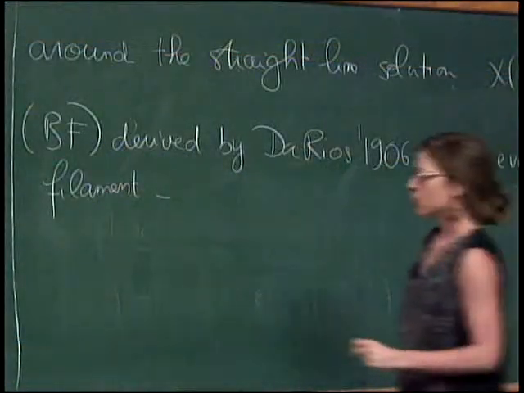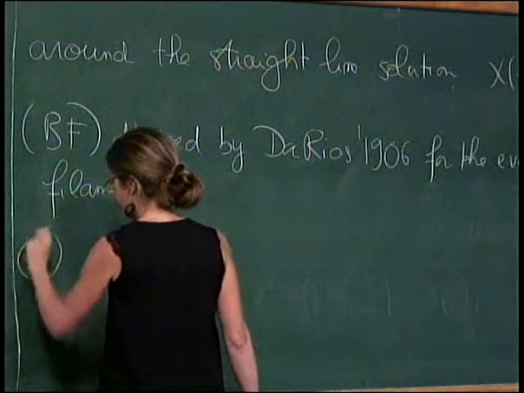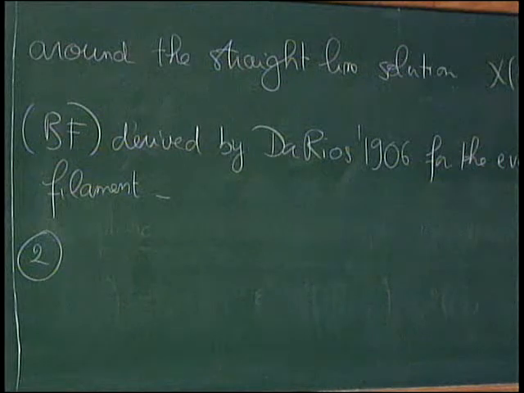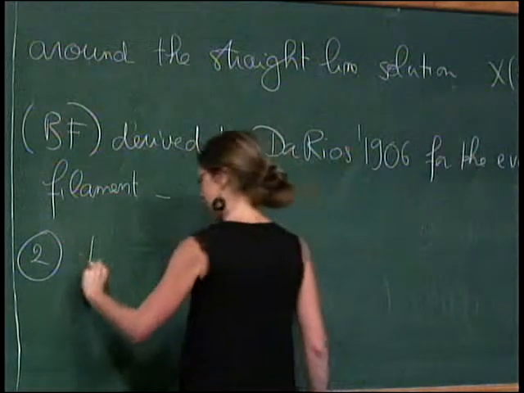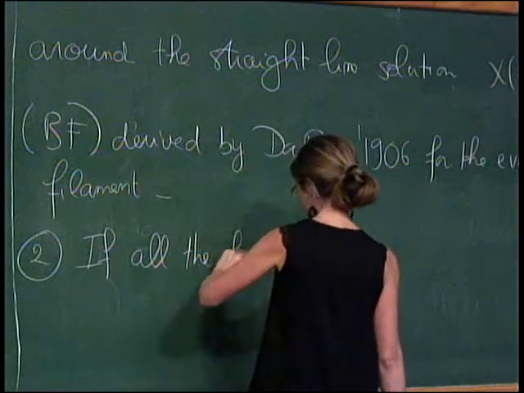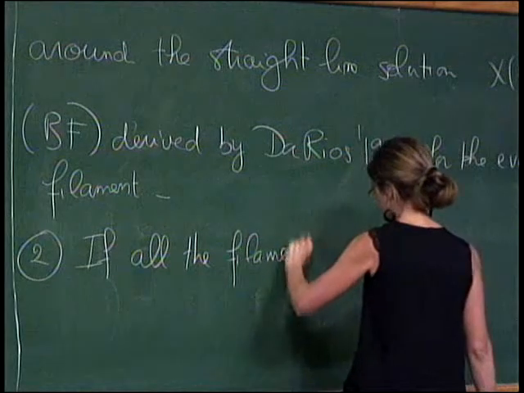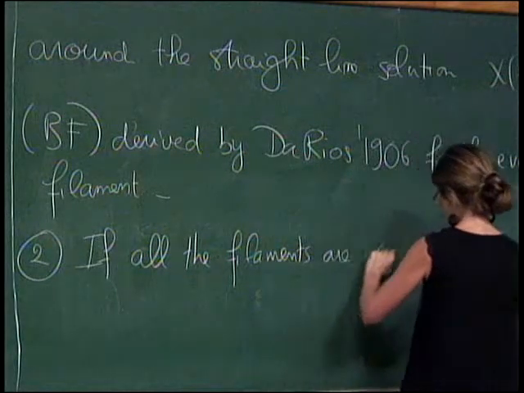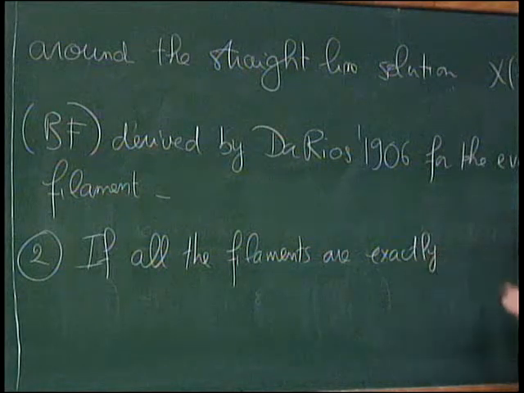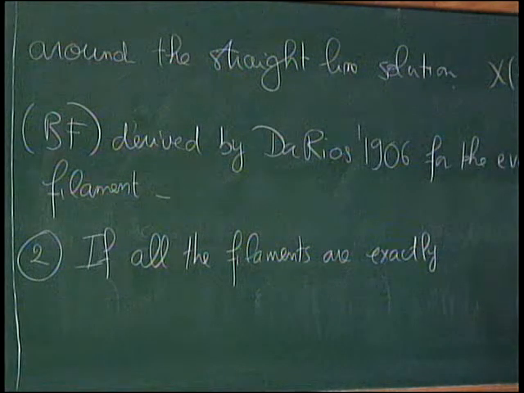And my second remark is that if we assume that all the filaments are exactly parallel, so in fact, we consider straight lines that are all parallel one to another.